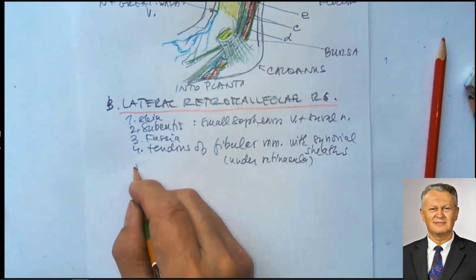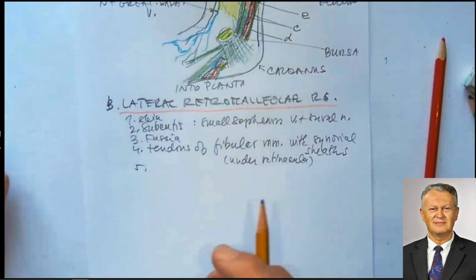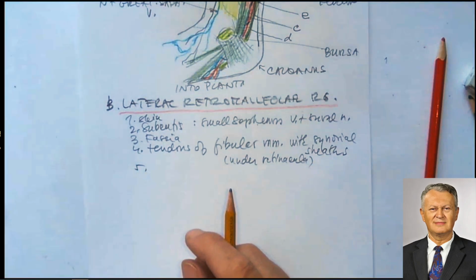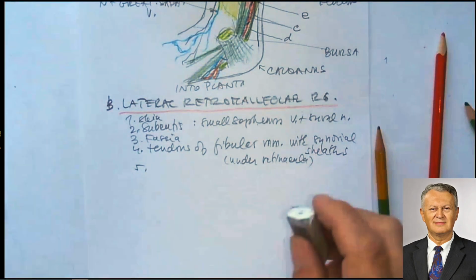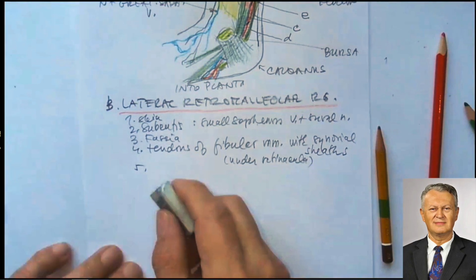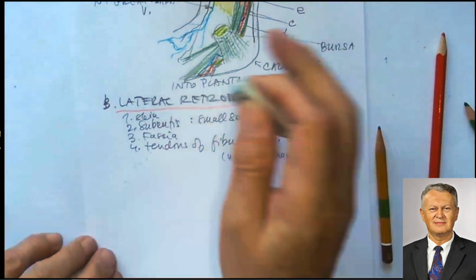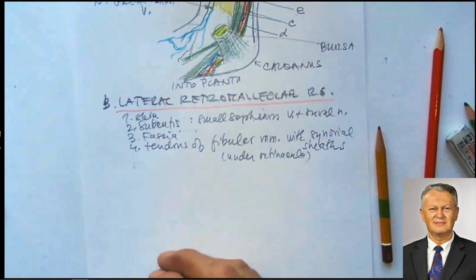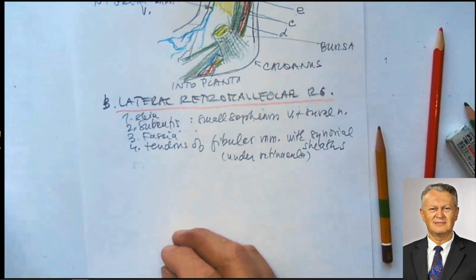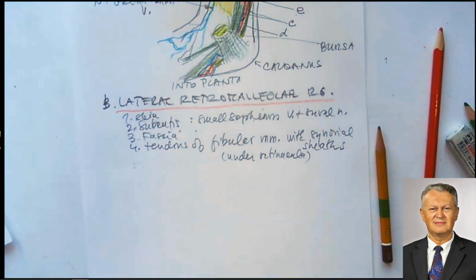And number 5, there is nothing else, because we will not name the lateral collateral ligament, no reason. So this is the lateral region, not complicated.